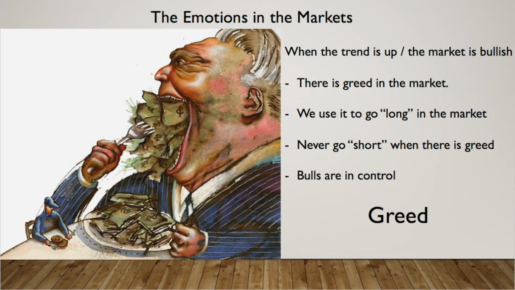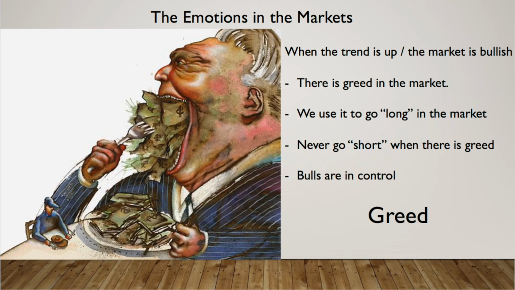There are three major emotions in the markets: greed, fear, and confusion. When the trend is up, the market is bullish. There is greed in the market when there's a bullish market. Never, remember, never go short when there is greed.